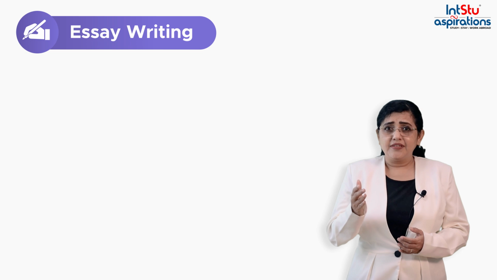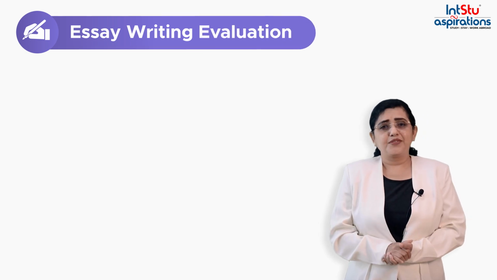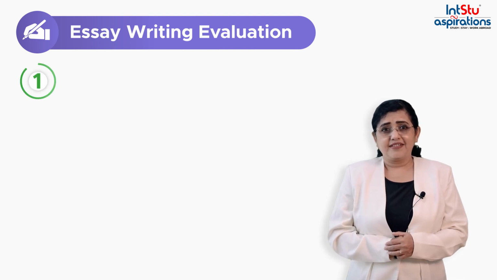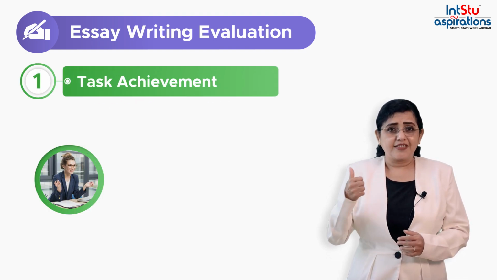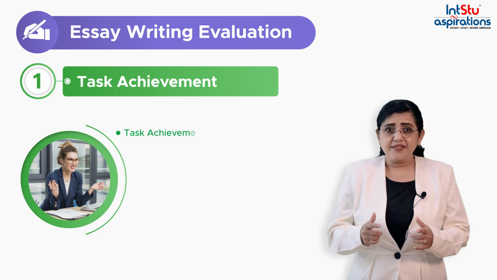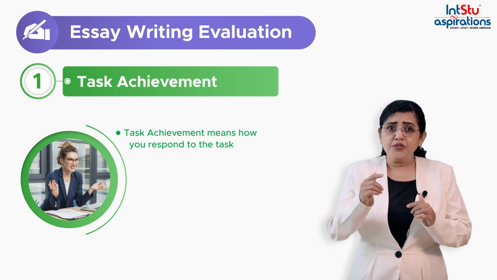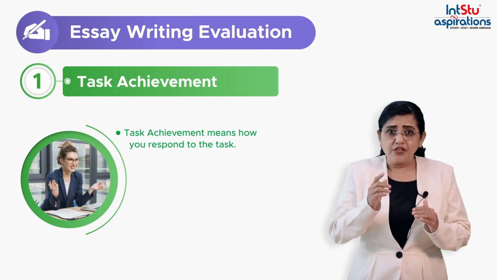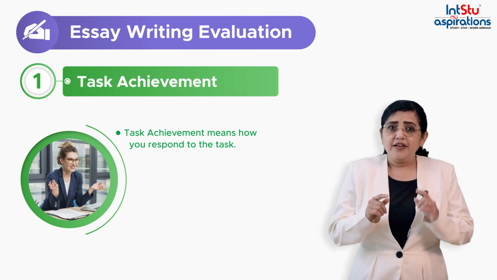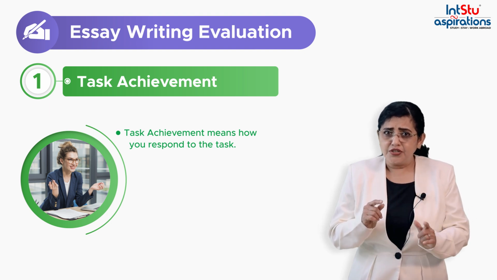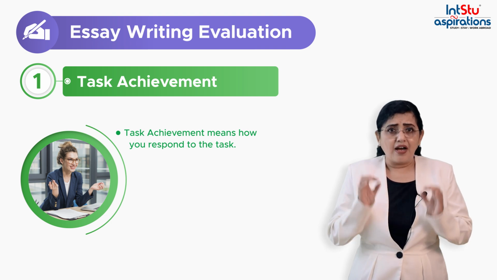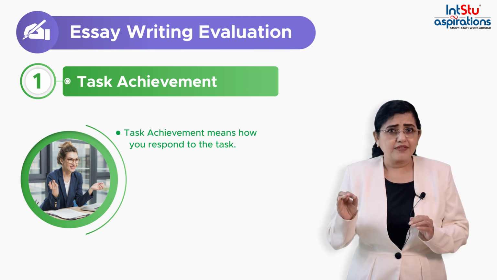To start with, let us see how you are evaluated in writing task 2. It is based on 4 aspects. The first one is task achievement. That means how you respond to the task assigned to you, as they want to evaluate if you have understood the question properly and if you are answering with relevance.